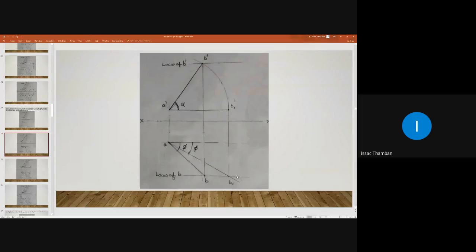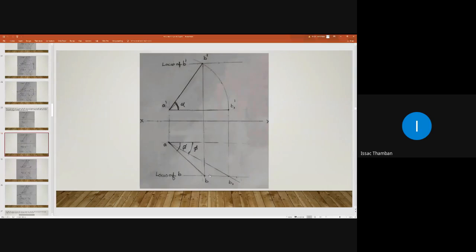You mark the position of B1. Draw a vertical projector from B1 dash. It will intersect the locus of B line at a point, and that is B1. If you are making line A dash B dash parallel to SP, then what will happen in the plan?